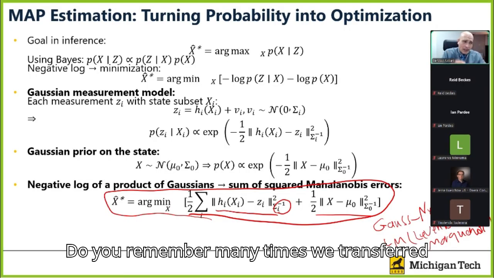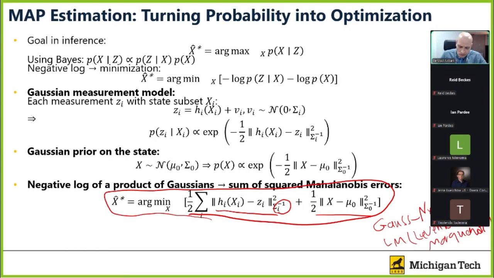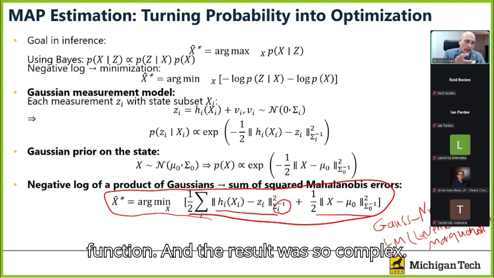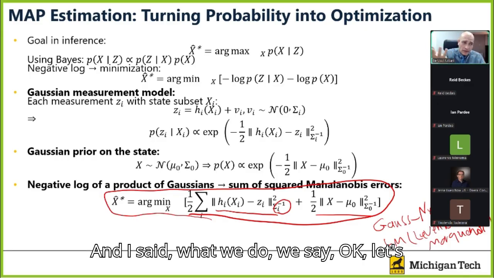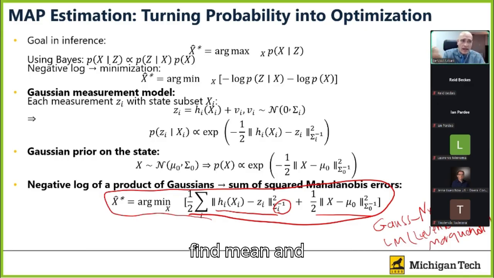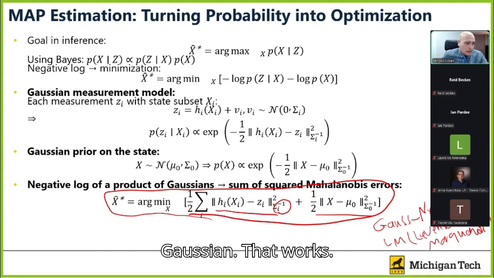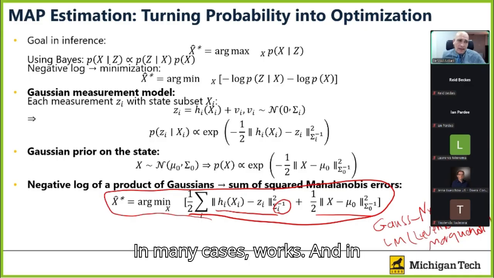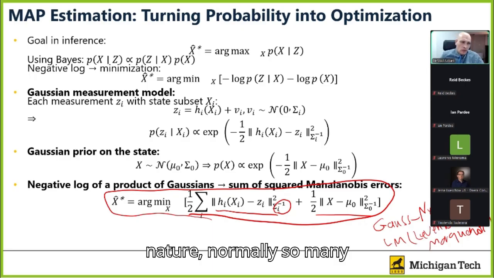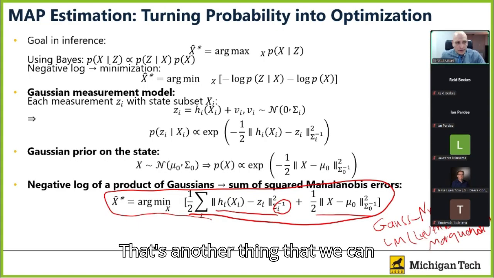Do you remember many times we transformed some distribution by some function, and the result was so complex, and we said okay, let's find the mean and covariance, and approximate it with Gaussian. That works. In many cases it works, and in nature so many phenomena are Gaussian. That's another thing that we can consider.